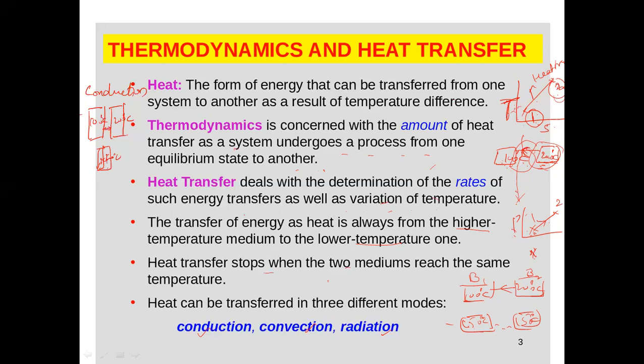So when two solid bodies are kept in contact with each other and heat transfer takes place between the two bodies, we say that the heat transfer is occurring through conduction.